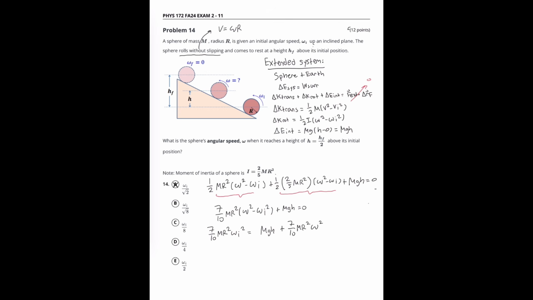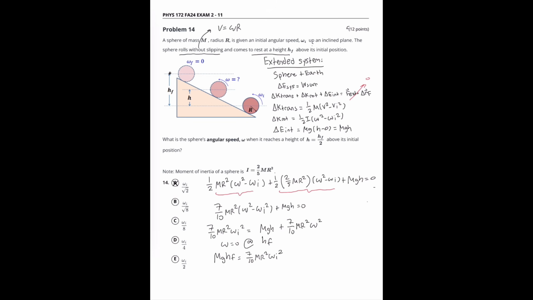We're given that at the highest point, hf, it comes to rest. So we can say that omega is equal to 0 at hf. So we can say mgh final is equal to 7/10 m r squared omega initial squared.